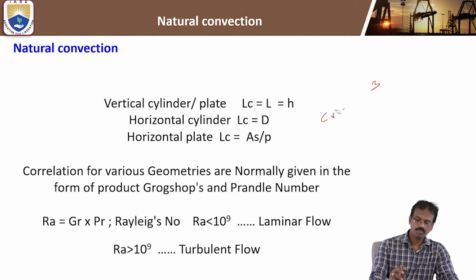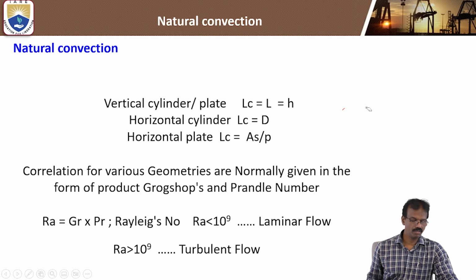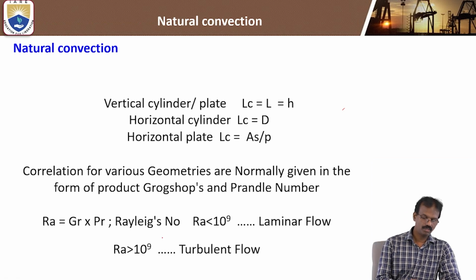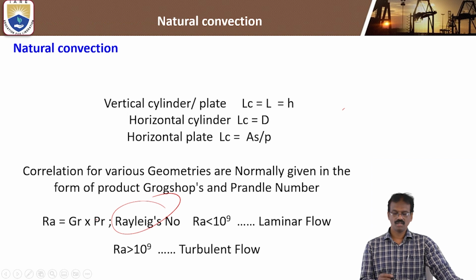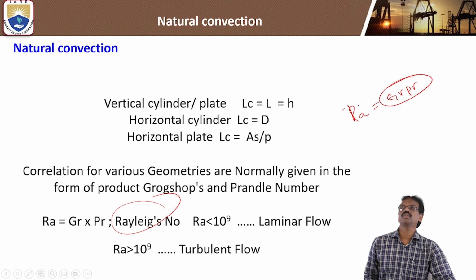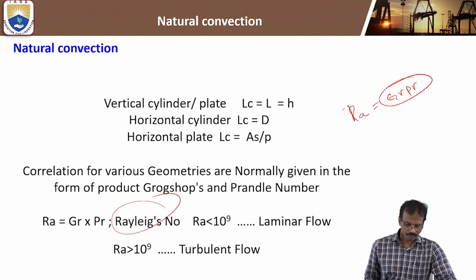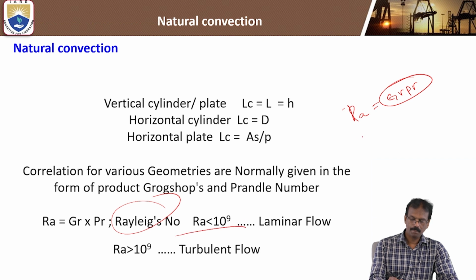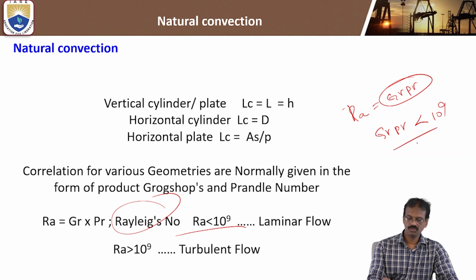So this product of Grashof number and Prandtl number is nothing but the Rayleigh number. You can take it like this, RA. RA is nothing but GR PR. Otherwise, we can tell GR PR also. If the RA, or GR PR product, is less than 10 to the power of 9, that shows laminar flow.